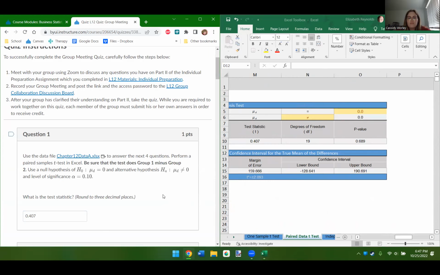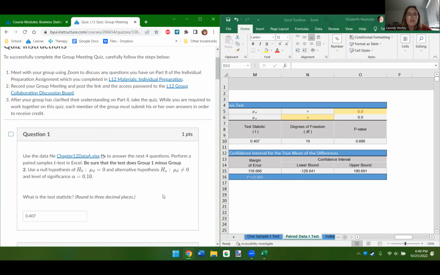I got the test statistic and the degrees of freedom correct, but I didn't know if I just didn't plug something in for the p-value. Probably a good question for the professor. Yeah, I was going to say message the professor and ask what's up with this problem.